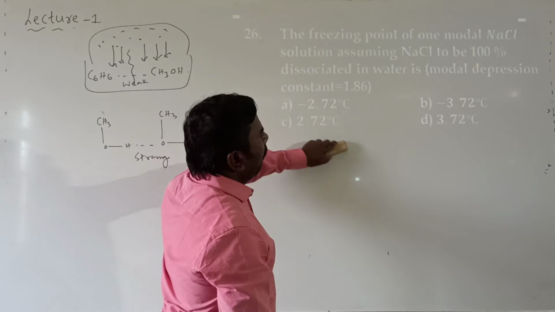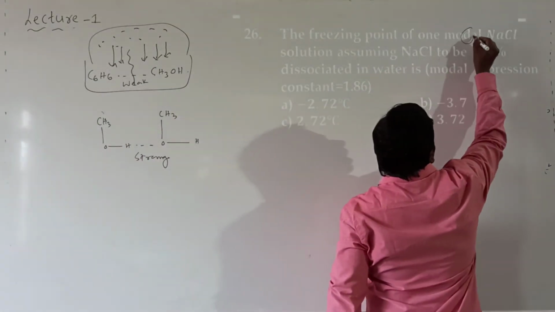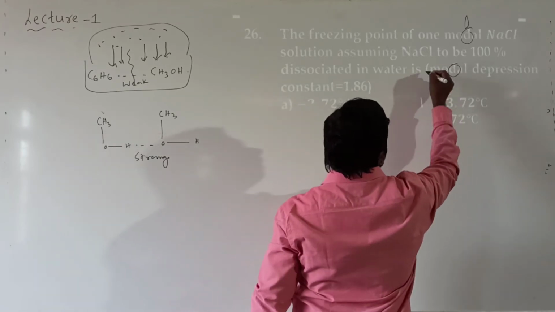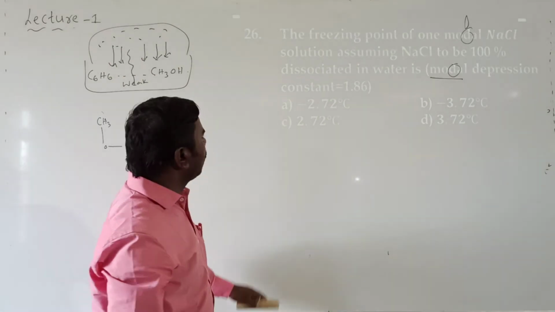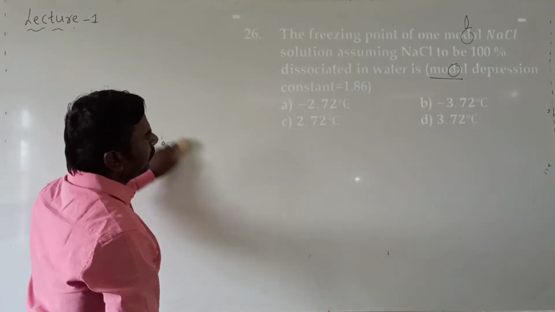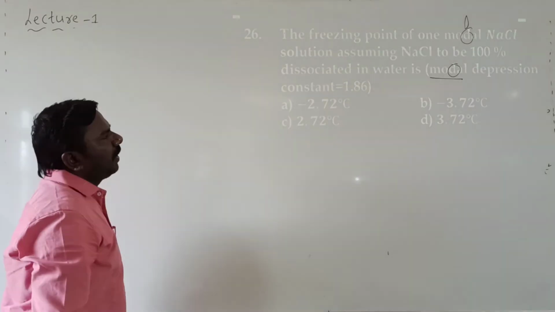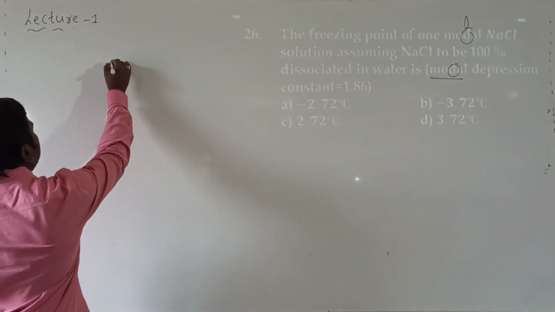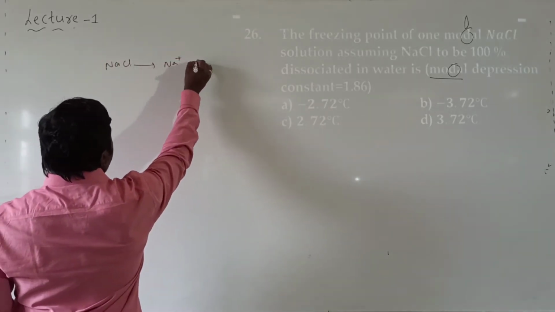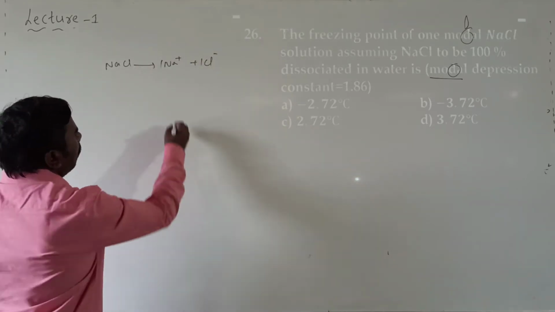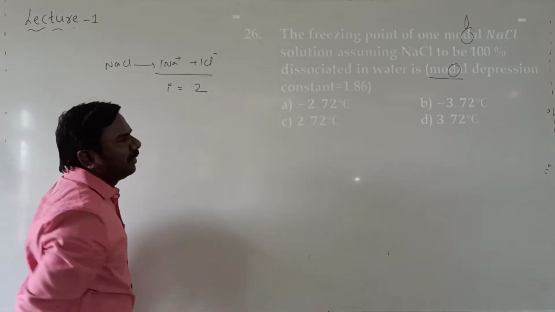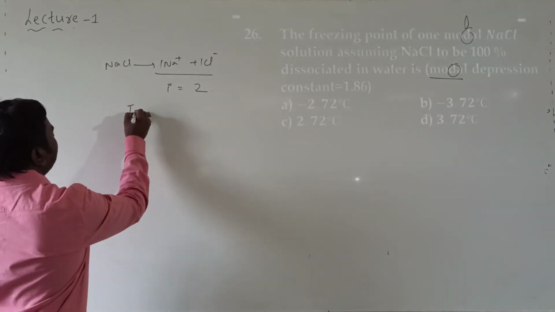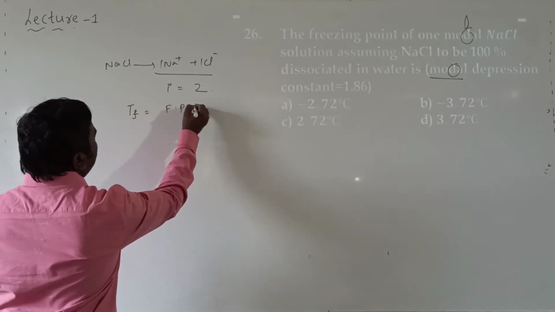Next. The freezing point of moles given, it is not molar, it is moles. Here also, NaCl dissociation in water, and molal depression constant is given. So now, they are expecting the freezing point of a 1 molal solution, 100% dissociated. If NaCl dissociates into Na plus and Cl minus, totally the van't Hoff factor i equals 2. Next, we want Tf, the freezing point of solution.